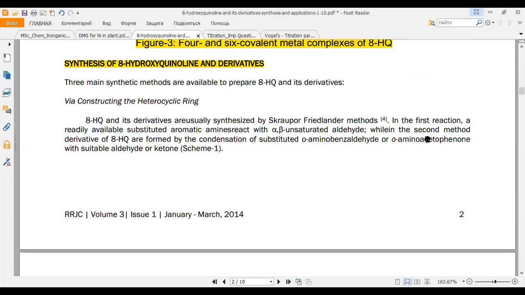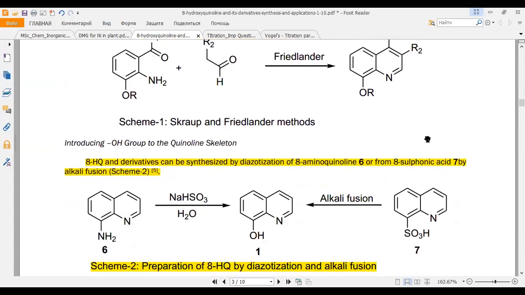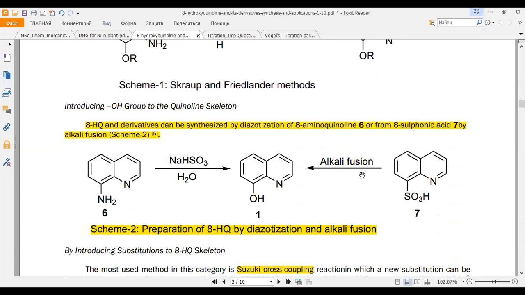Synthesis, we are not focusing on the synthesis, however, we'll just look into one equation. So this is how it can be synthesized, from this compound 6. The compound 6 is 8-aminoquinoline. You are converting this NH2 into an OH group, or you can convert this sulfonic acid group into an OH group, using these two.